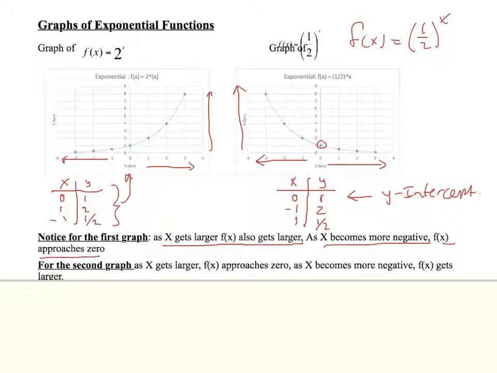F of x gets bigger, gets larger. Okay? So when we graph these functions, you'll notice two things. One is when a is greater than 1, we have a graph that looks like that. When a is between 0 and 1, we have a graph that looks like that.